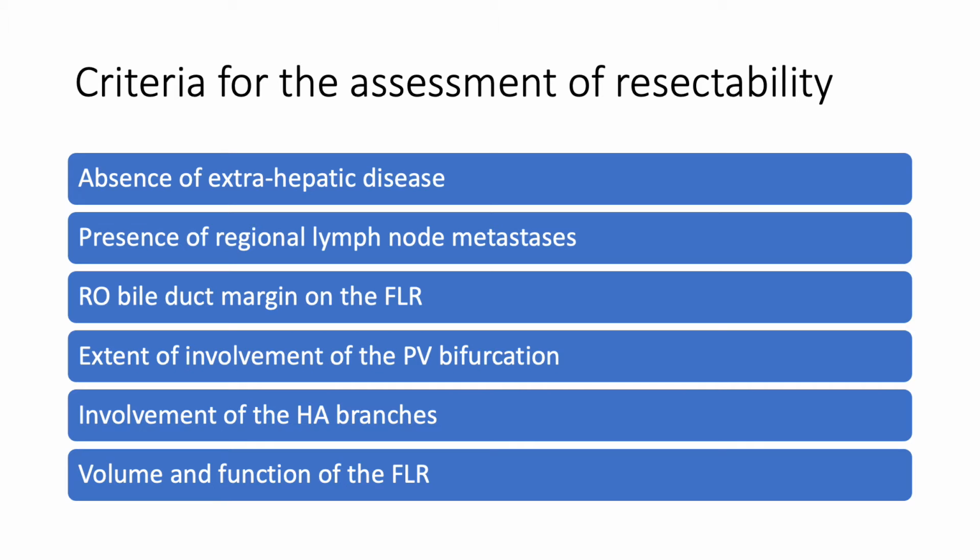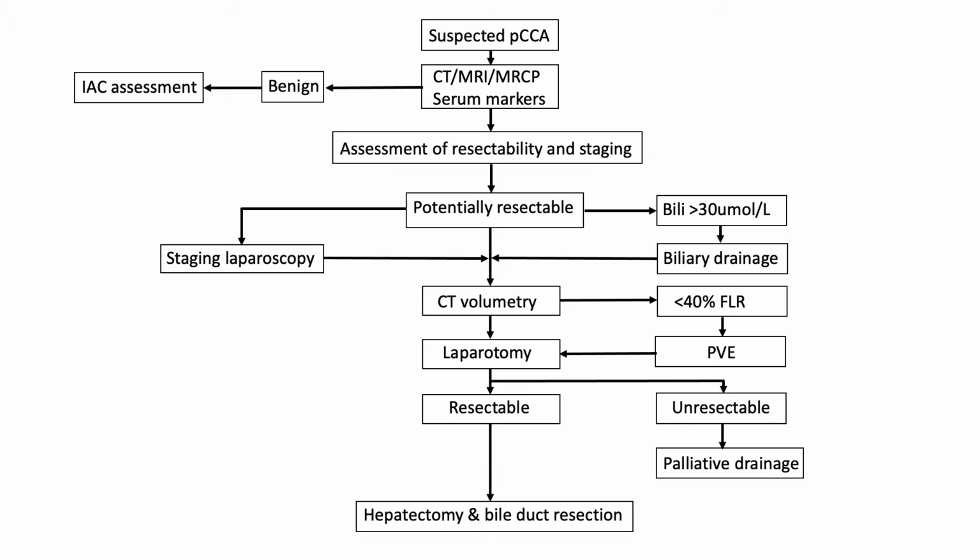So what are the criteria one needs to consider for the assessment of resectability? There are 6 factors that need to be considered. The first is an absence of extrahepatic disease, followed by presence of regional lymph node metastases or the extent of the regional nodes, the ability to achieve an R0 bile duct margin on the future liver remnant, extent of involvement of the portal vein and arterial branches, and finally the volume and function of the future liver remnant.